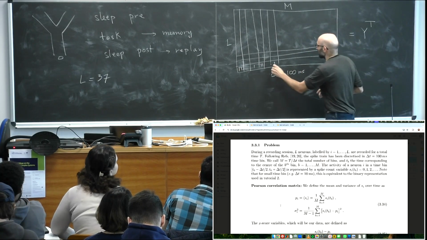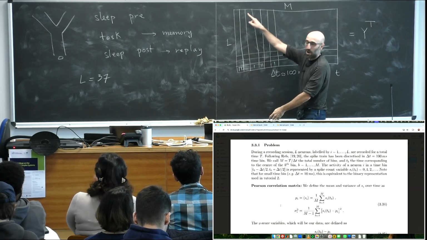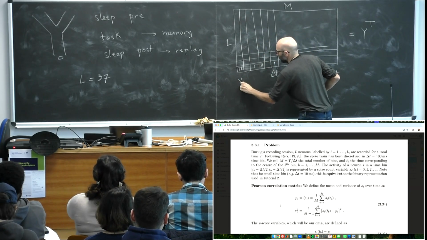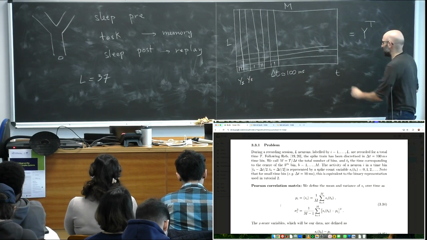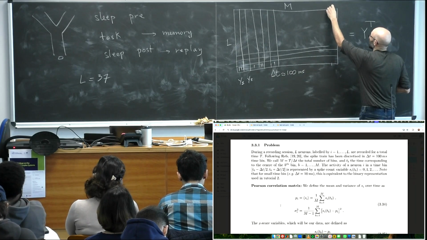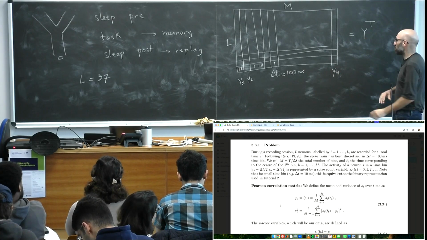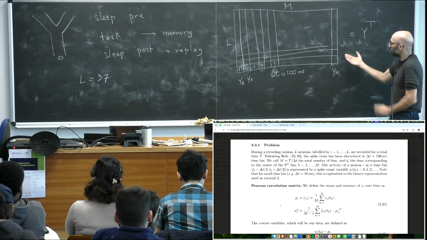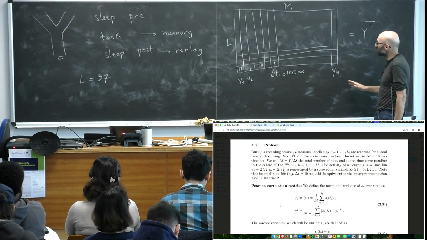And the idea is to consider each column as a vector y. So this will be y1, y2, and you have m bins, so this will be ym. We want to consider these as Gaussian variables.